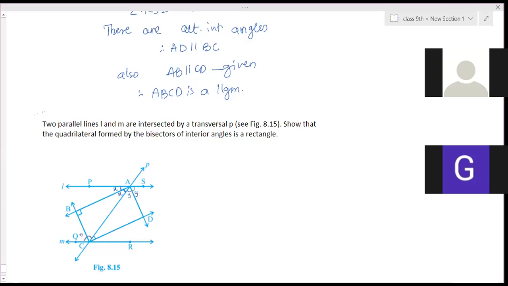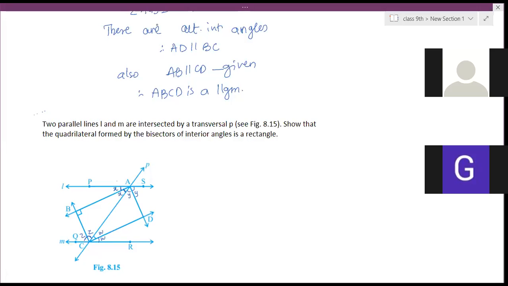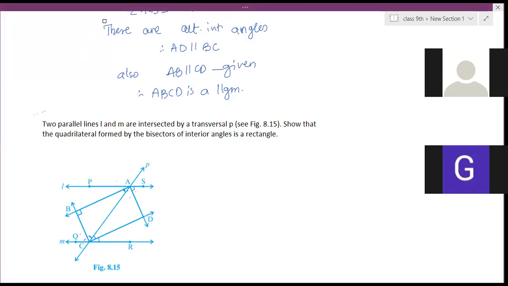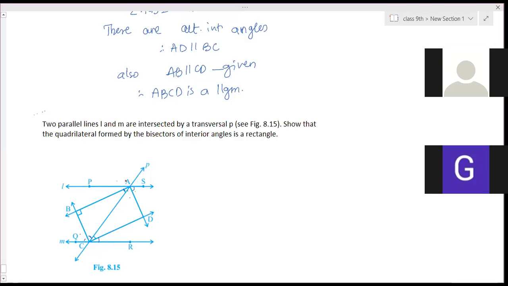This is z, z. And this is w, w. Labelling A, B, C, D is the concept that is easier for you to understand. This is A, A. Here it is B, B. This is C, C. This is D, D.